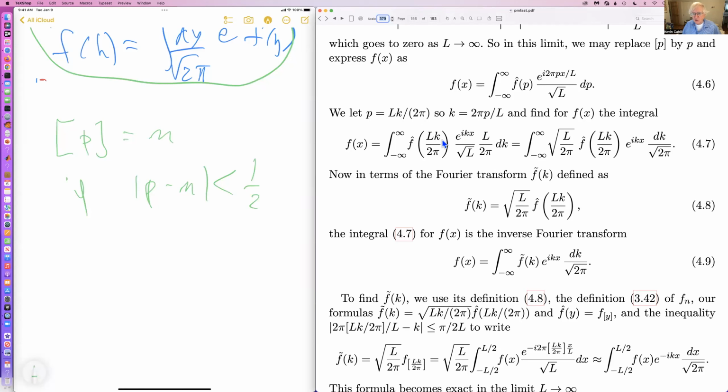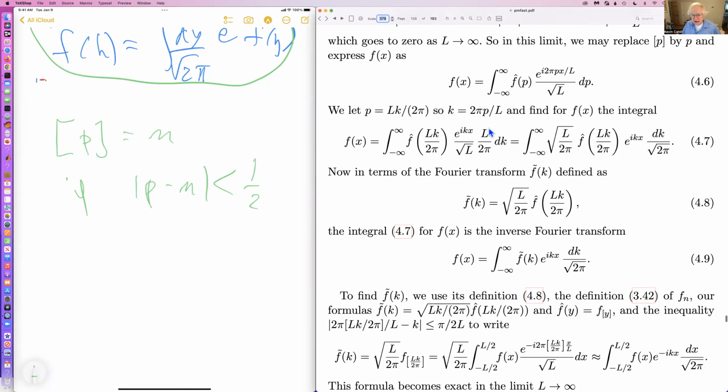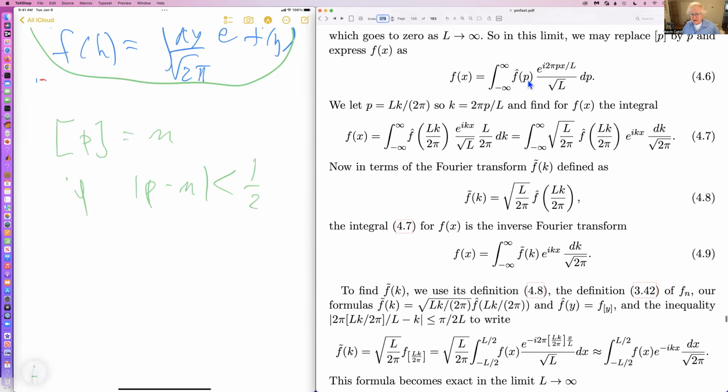And so this thing turns into L dk over 2 pi, the square root of L, the f hat. p now is Lk over 2 pi. And we basically have this expression here.